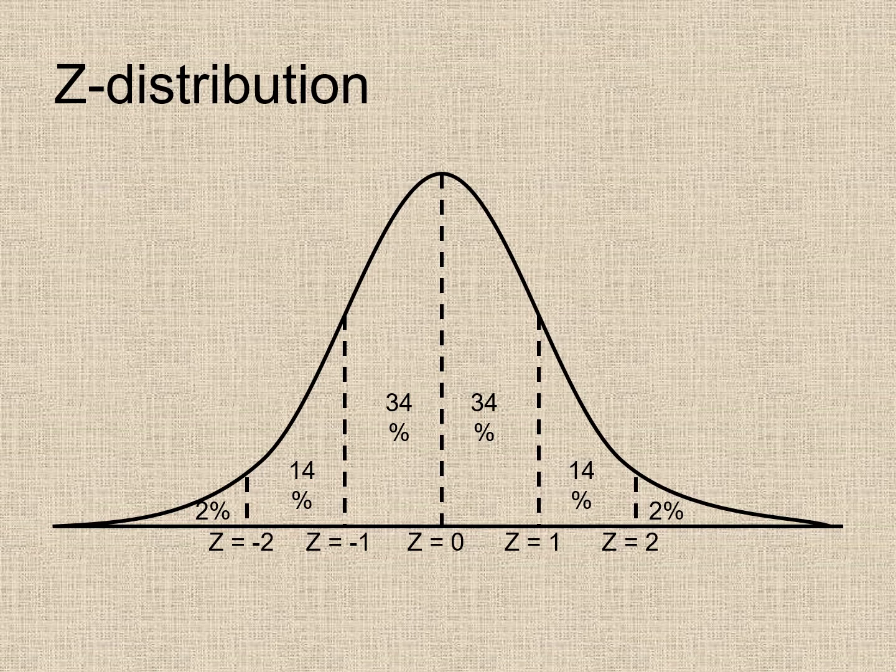The probability is approximately 4% to receive a value that deviates more than 2 standard deviations from the mean, meaning that the observation will have a zeta score that is either above +2 or below -2, and so on. So this zeta distribution we can use in order to estimate probabilities independently of what population we're speaking about, independently of what variable we're speaking about, as long as the variable is at least approximately normally distributed.